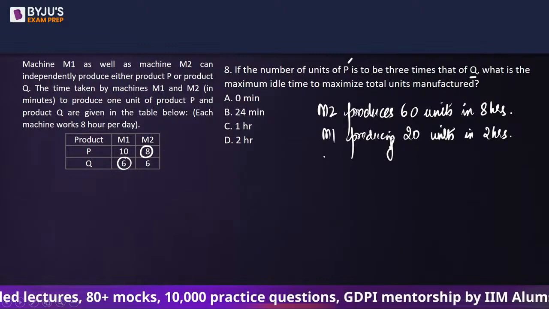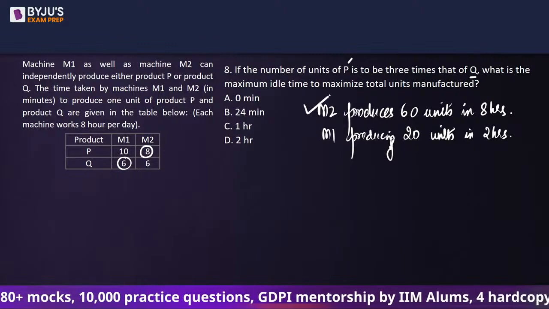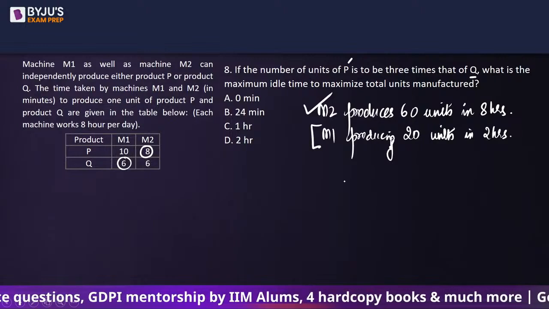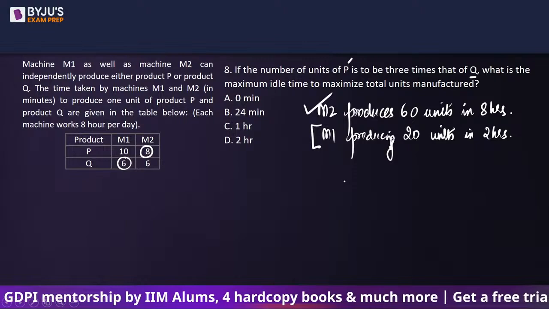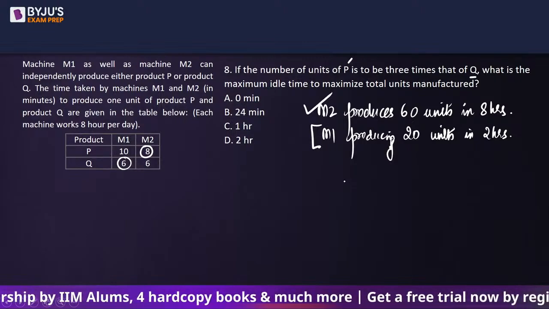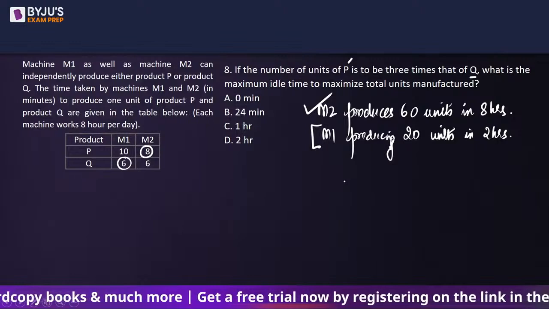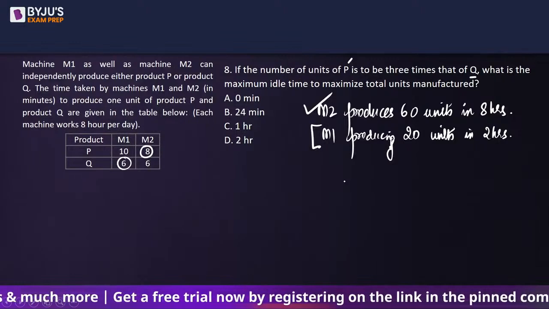Okay. So M2 has utilized its entire day of operation. M1 has utilized only 2 hours of its entire day. So M1 has still 6 hours to go.